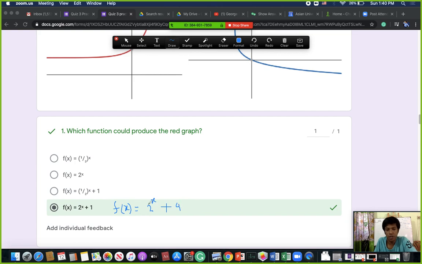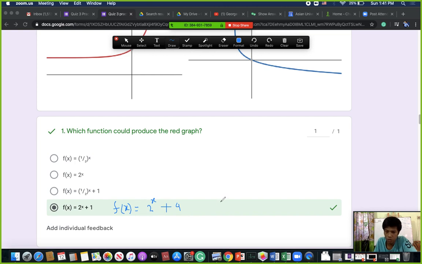What can I do? This is also correct for this graph. This is also possible. Maybe this is the graph. I do not know. But we know that it moved some unit up, and what this unit is, we do not know, because the coordinate of this value is not given. That's why we do not know. But we know for sure that this is some positive graph.